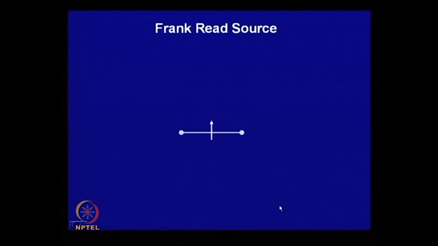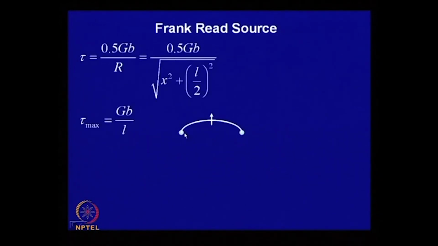Now, consider a case like this. You have a dislocation segment which is pinned here, so this point cannot move, and you have an applied stress. Now, if it bends like this, then this tau, the applied stress, can be written as 0.5 G b over r.